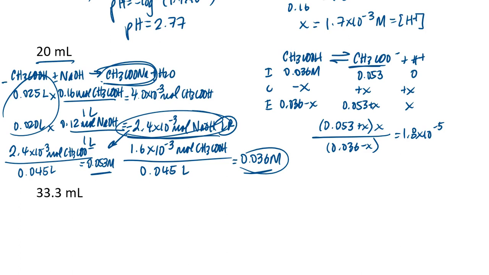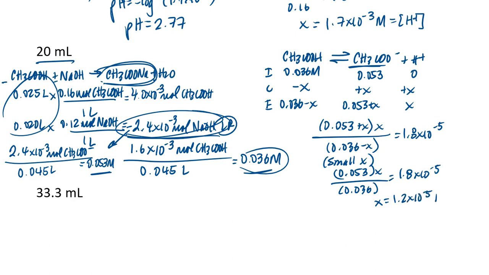And again, I make my assumption that x is small, so that gives us the following math to solve. And an x value that ends up being 1.2 times 10 to the negative fifth molar.